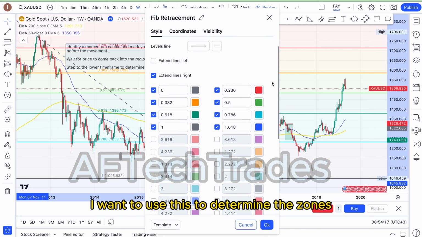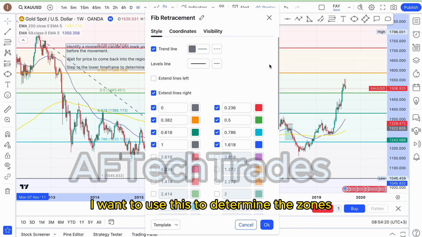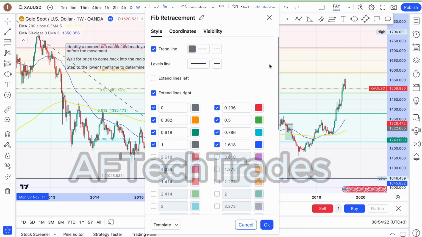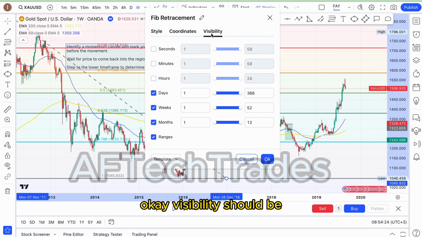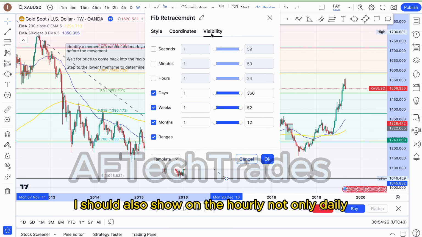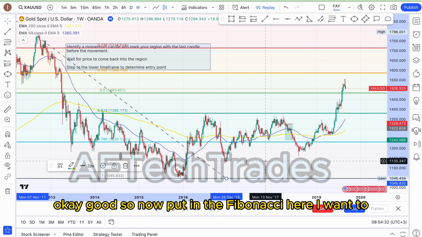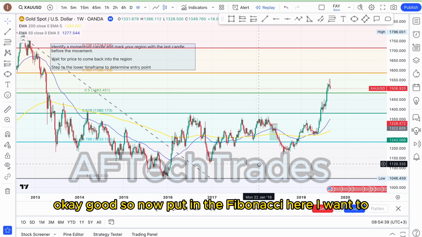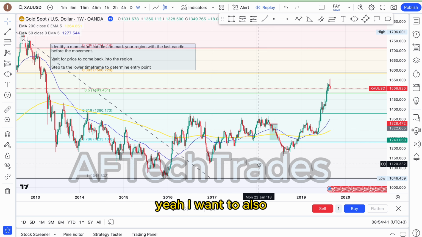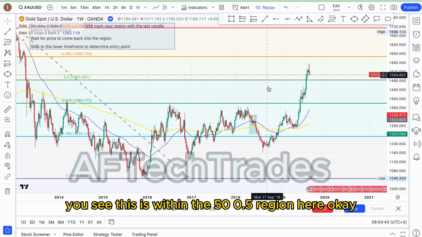I want to use this to determine the zones. Okay, visibility should also show on the hourly, not only daily. Okay, good. So now putting the Fibonacci here, you see this is within the 0.5 region.